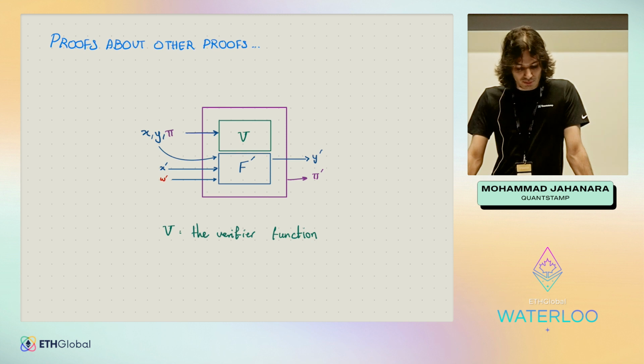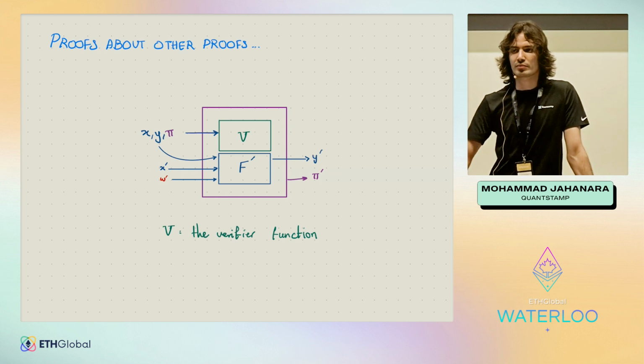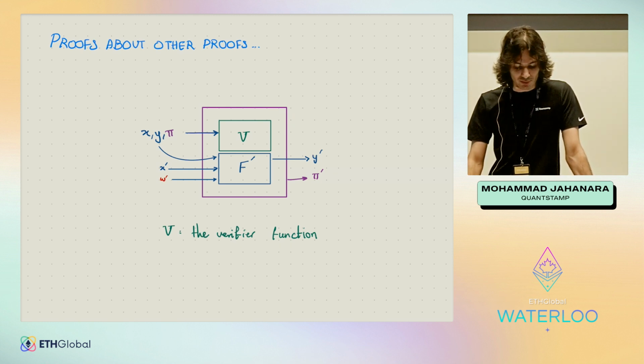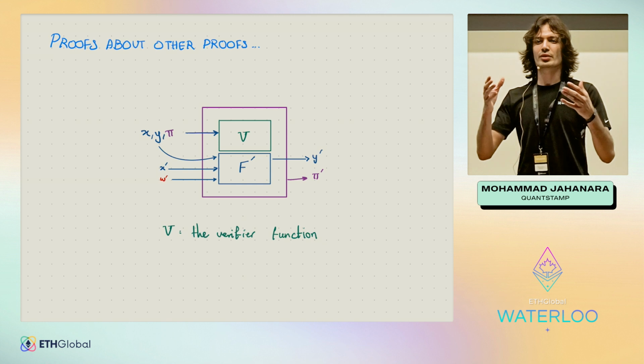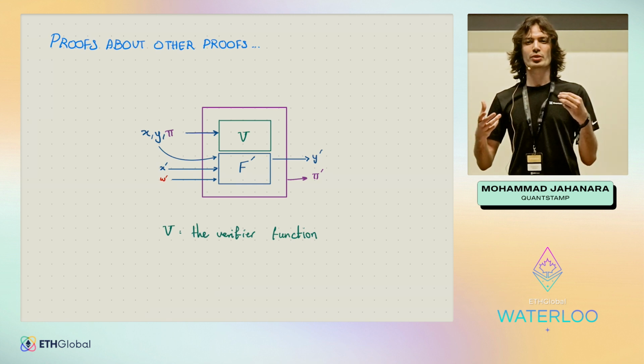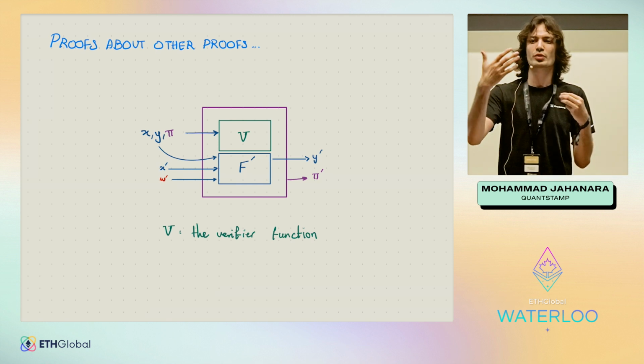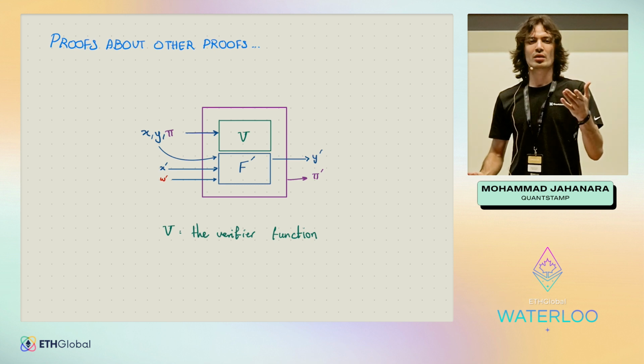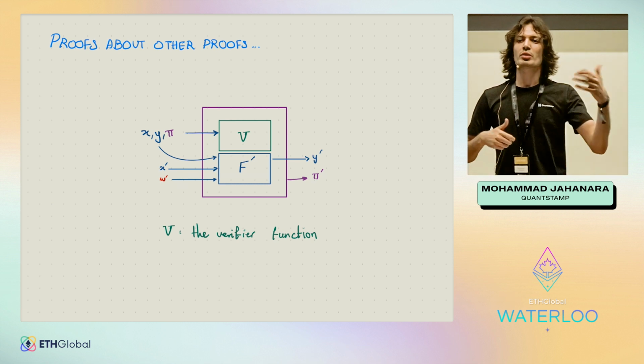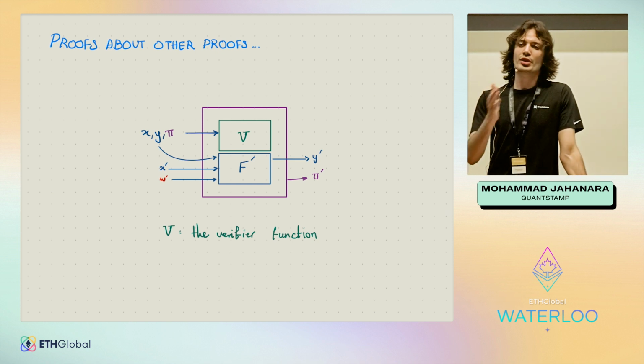Okay, so the main topic is recursive proofs, and recursive proofs are basically proofs about other proofs. What does that mean? Imagine we have a computation. Part of this computation is verifying some other proof is correct, and then maybe we have other stuff to do as well. Maybe we were doing some computation for a while now, and we generated a proof for the computation so far.